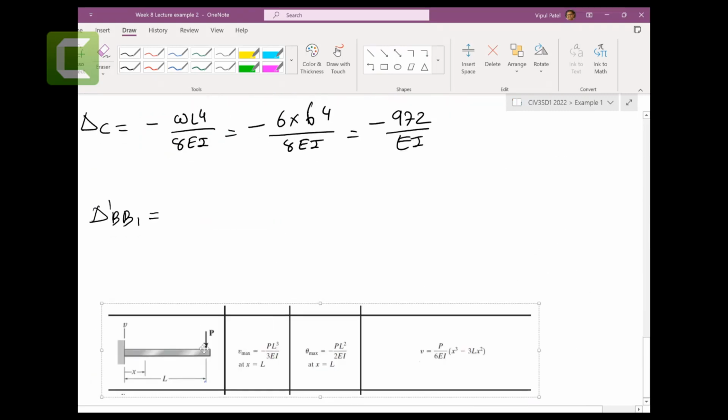I think we can't use this one. Here we can use the maximum deflection.